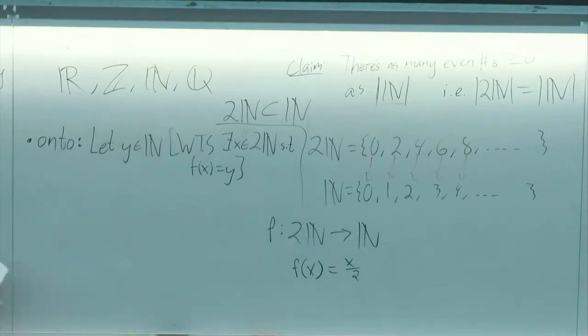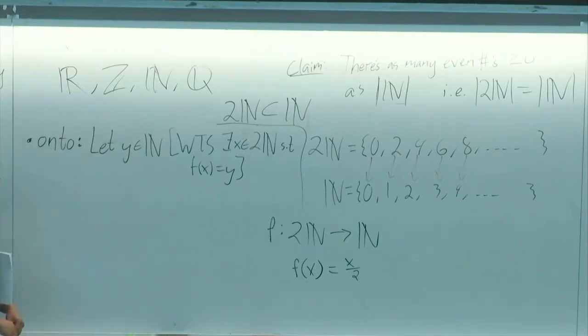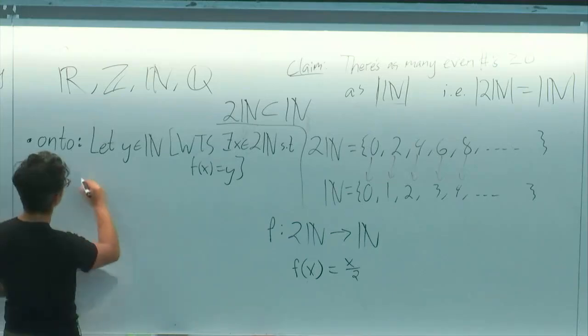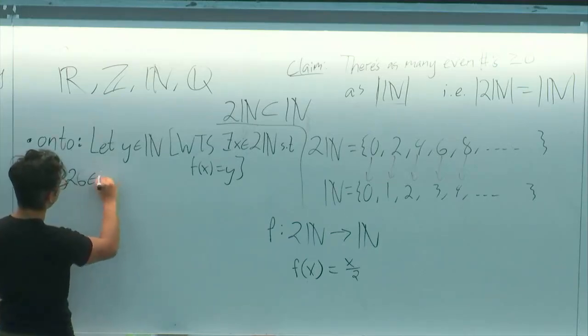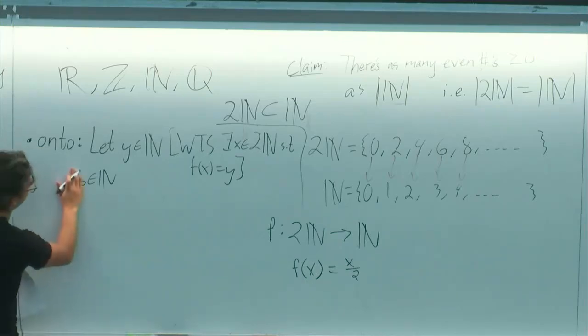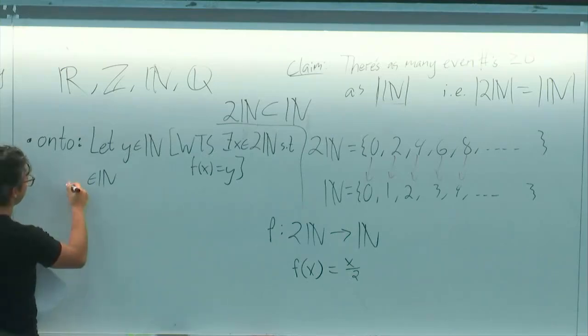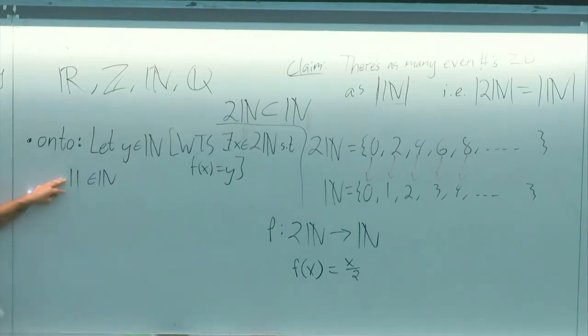So if we have, let's say, for example, 26, which is a natural number, do we know what number from 2n maps to that? OK, I'll just come up with a new number then. Let's say 11 is in n.